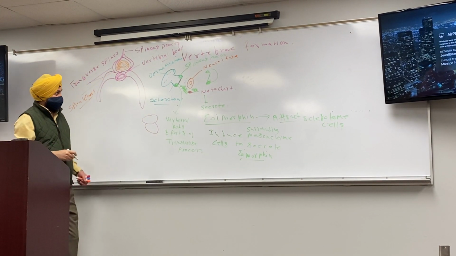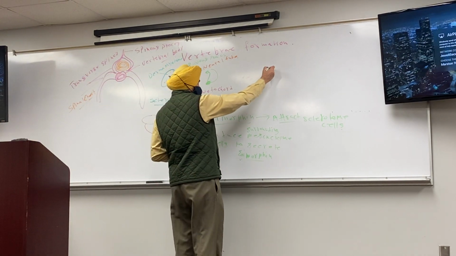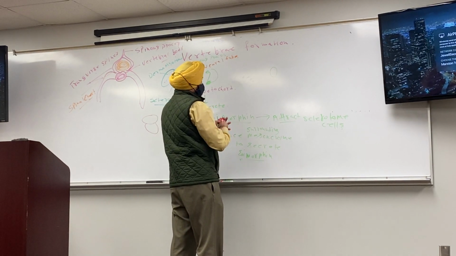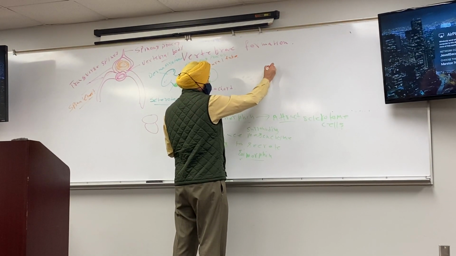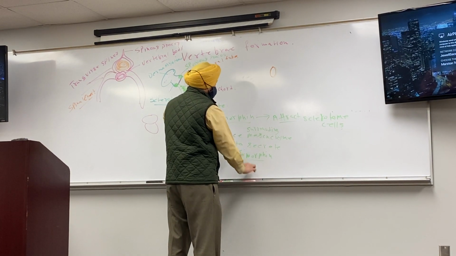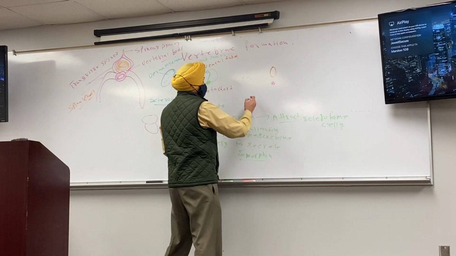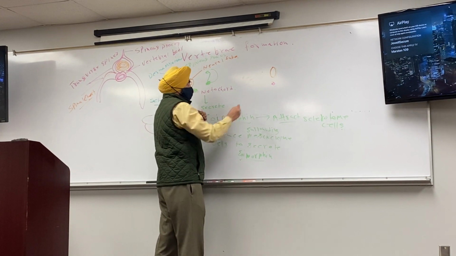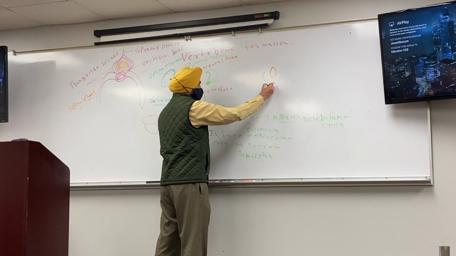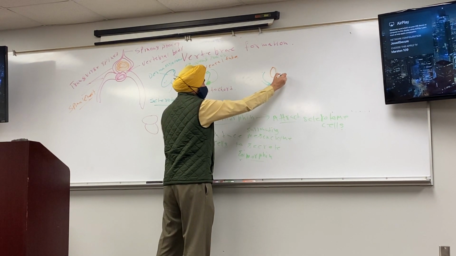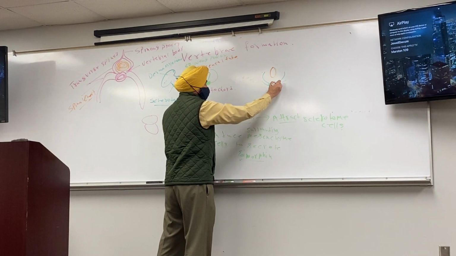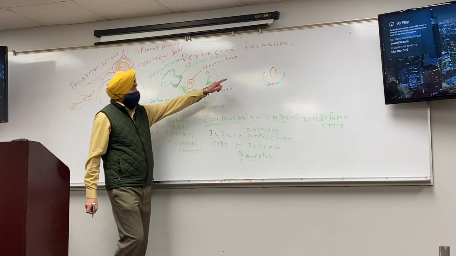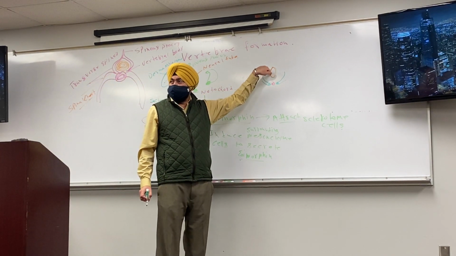Now what is happening? If I'm drawing it the right way, this is your spinal cord, this is your neural tube, this is your notochord, and the cells which are here start moving like this. From this side also, these cells start moving like this. So they're moving from both sides. Now, this is the neural tube right here.